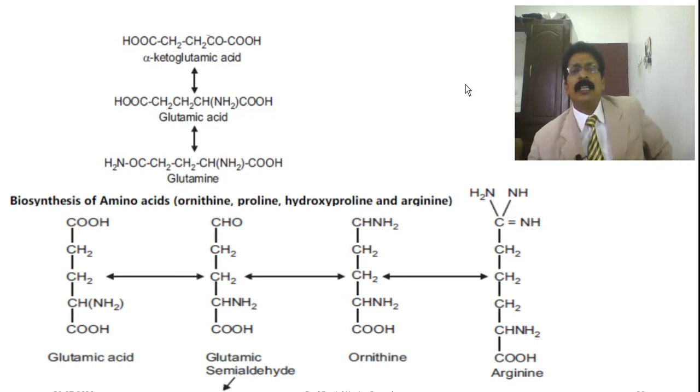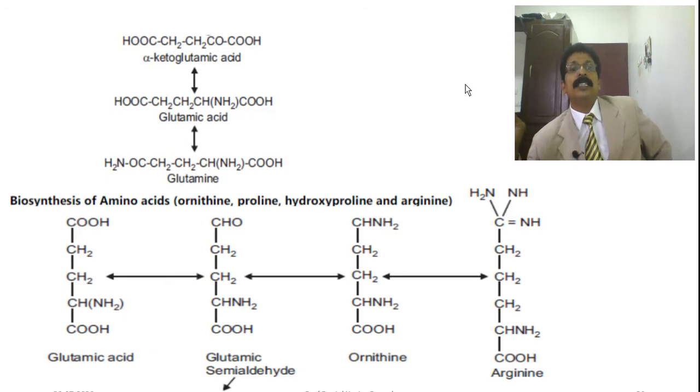Altogether, ornithine is a plant amino acid. You might not have come across this ornithine when you were studying biochemistry; it is purely plant. Ornithine is an amino acid. Proline, hydroxyproline, and arginine, all these things can be formed. So this arginine also can be formed.